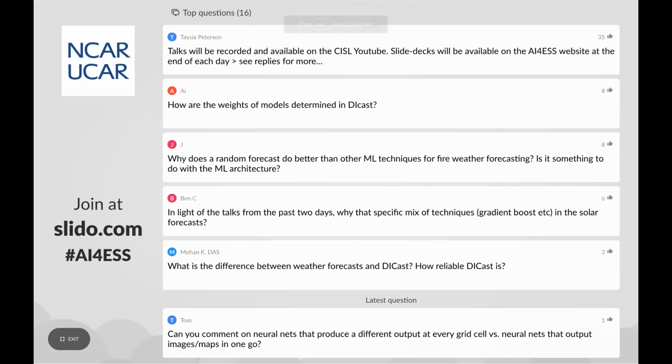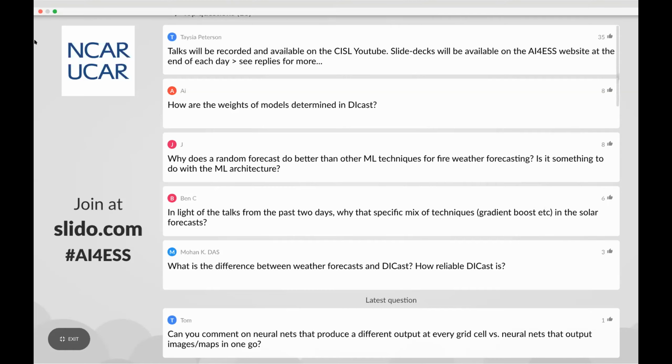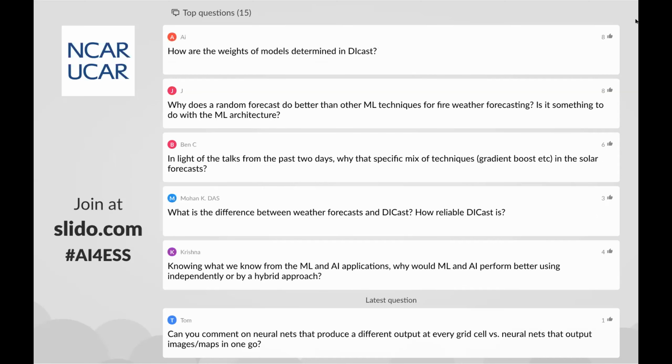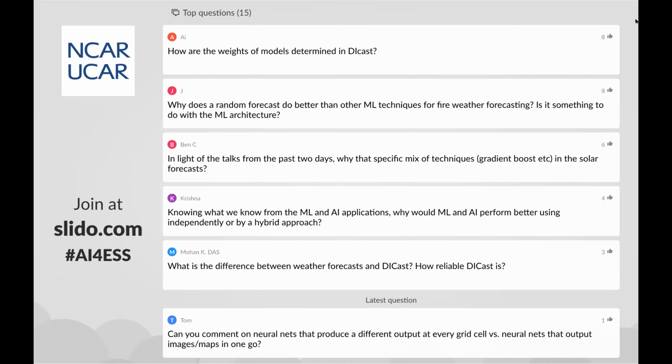Okay, I'm looking at some of the Slido questions. One question is, how are the weights of models determined in DICast? Okay, as mentioned in that part of the talk, the weights are optimized.